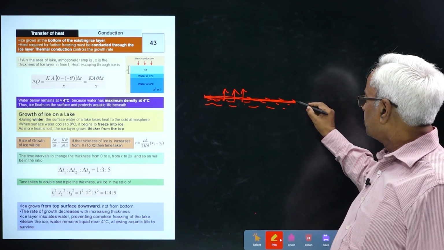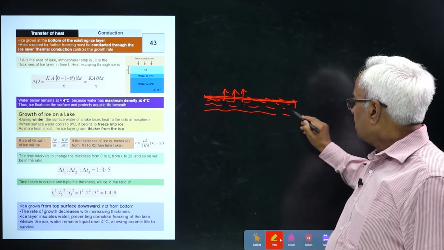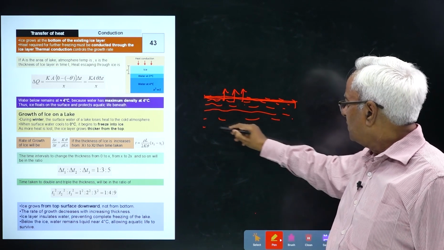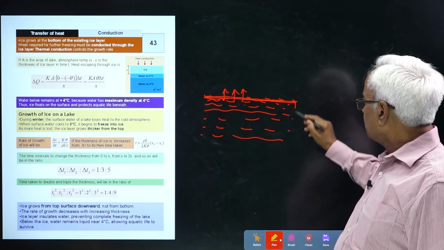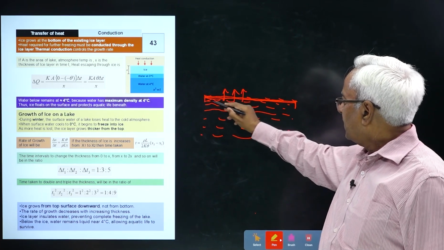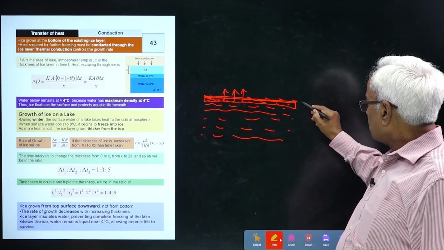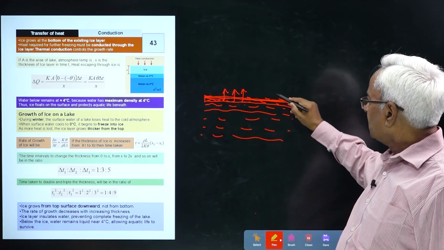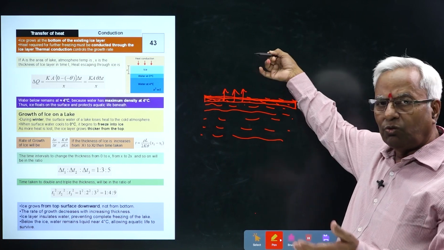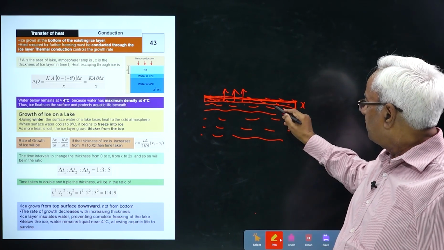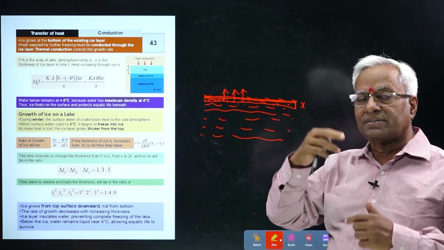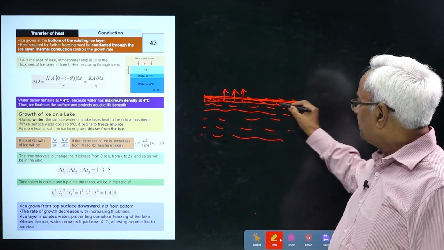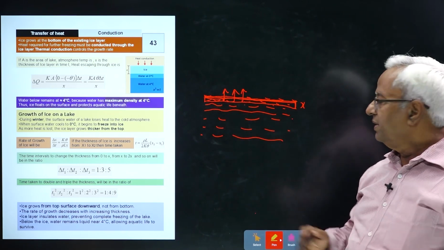Now, suppose this ice layer has become of thickness x. Above it is low temperature, at minus theta. Here the water is not as cold as the air. In between there is ice at 0 degrees.